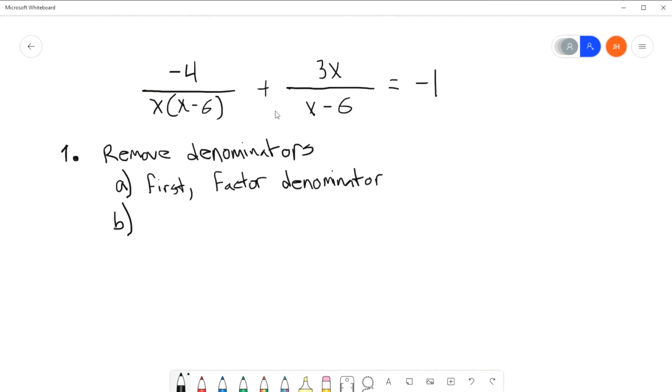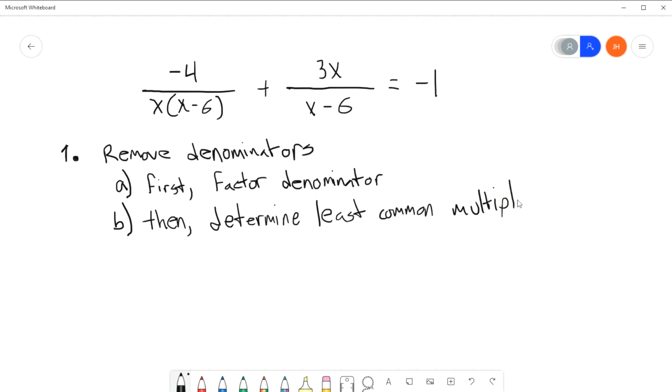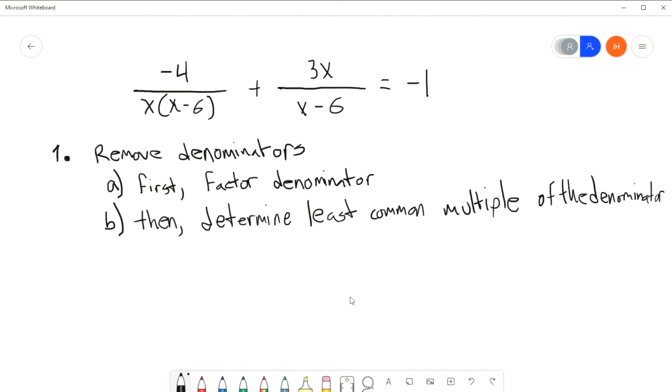Now, the reason why I wanted to factor the denominator is because then I can determine the least common multiple of the denominators.